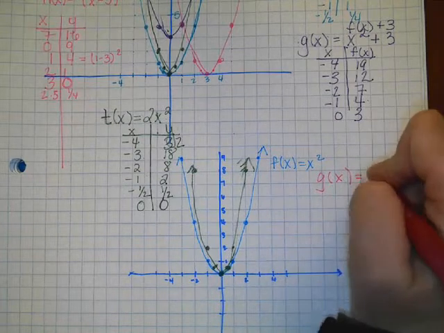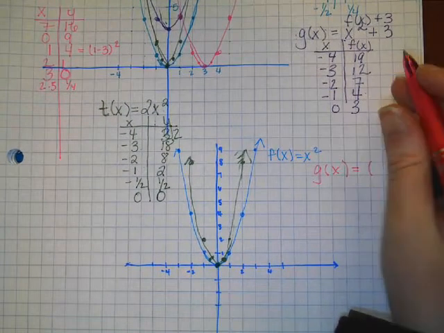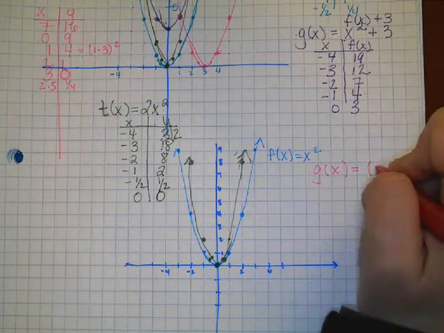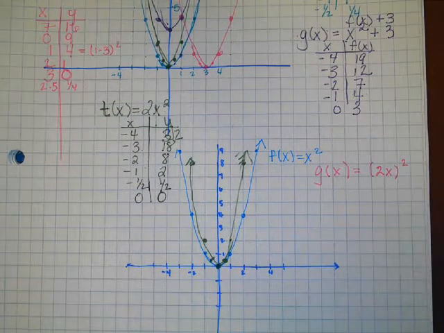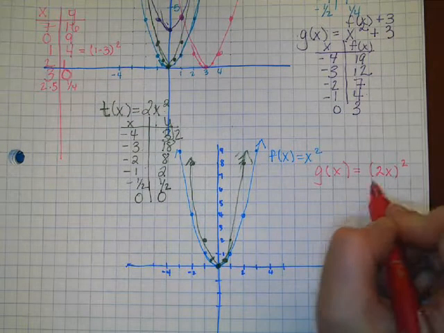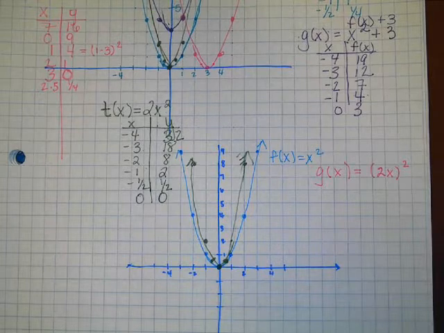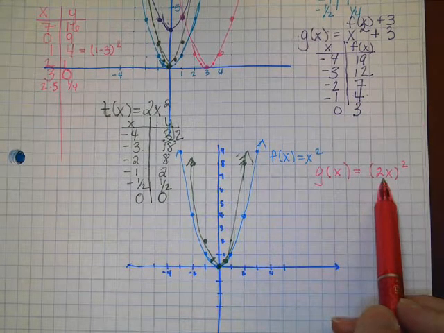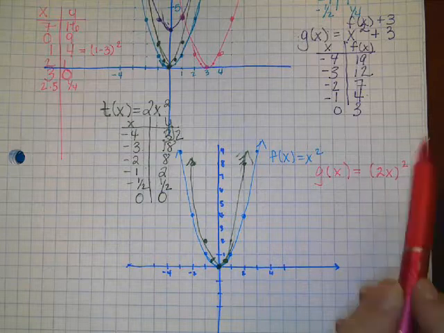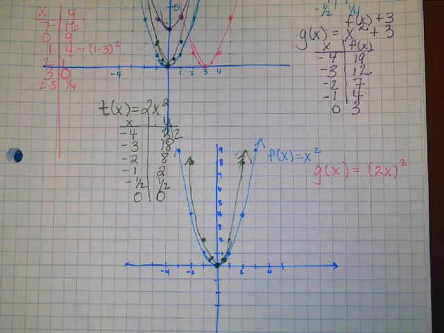Let's look at what happens when I have, I'm going to do g of x again. G of x for this graph is, let's call this, 2x squared. Now what I'm doing is I'm changing the x values.